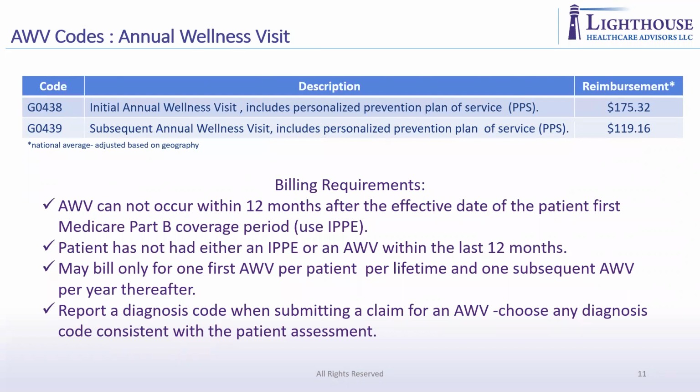And finally, this is really important. You should always, of course, report a diagnosis code when submitting a claim, but it's especially important to submit a comprehensive list of diagnosis codes for your annual wellness visit. You want to choose any diagnosis code that's consistent with the patient assessment. So often we see those Z codes being used, the encounter for normal preventative visit.